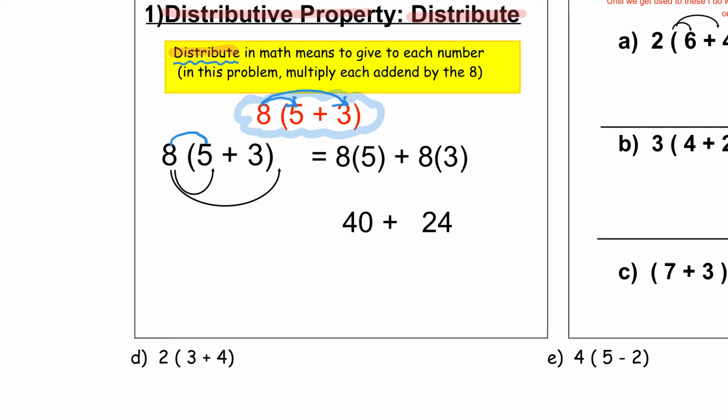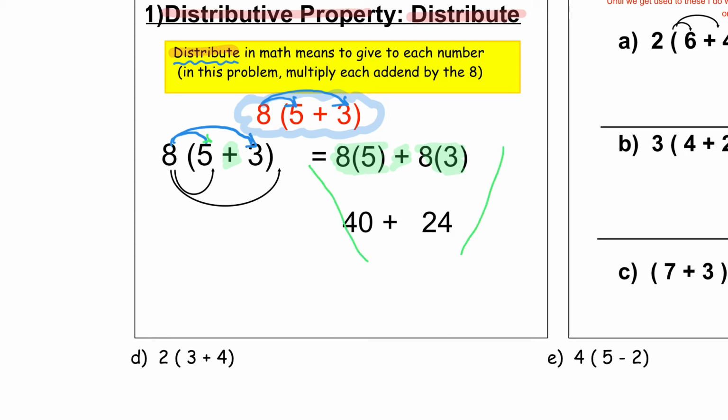Now notice that 8 times 5 that I'm multiplying right here is written over on this side. So there's my 8 times 5. Plus, there's a plus on the inside. And then I'm going to multiply 8 times 3. And if I go over to the other side of the problem, I see there is my 8 times 3. And then we start to follow the order of operations here.